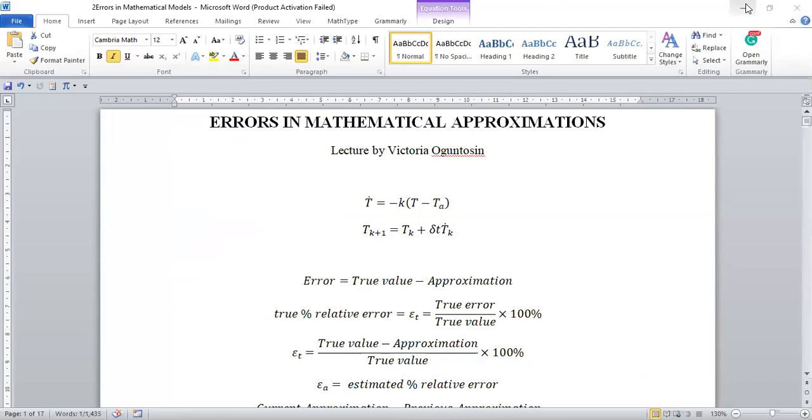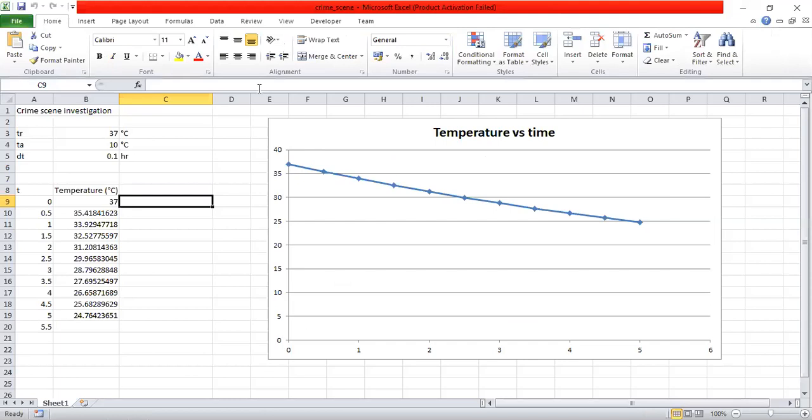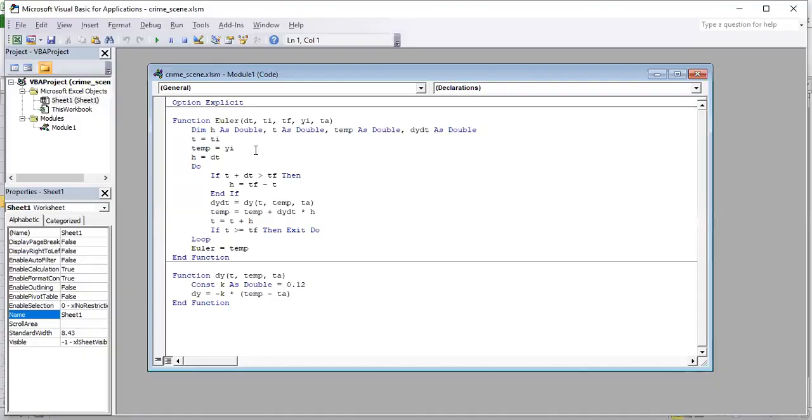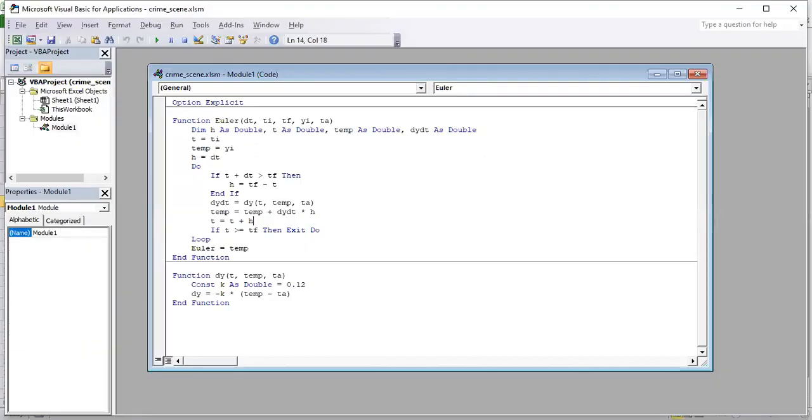Okay, so I'm closing it, then I will just open it again. Okay, so I have the 8 here, then I would run it again.